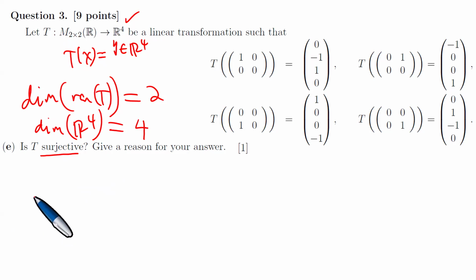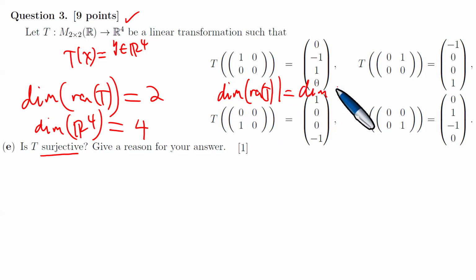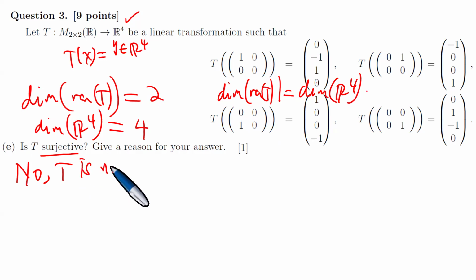Right, if T is surjective, then the dimension of the range of T must be the same as the dimension of the codomain. So at this point, you can see that they're not equal to each other. And that means automatically we know that it's not surjective. So is T surjective? No. T is not surjective.